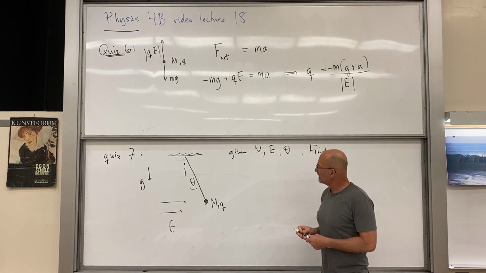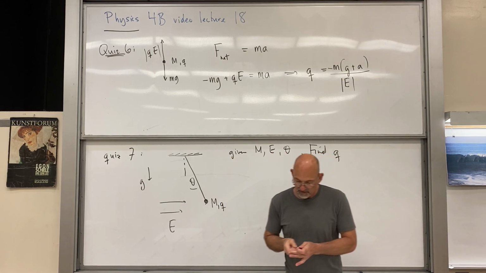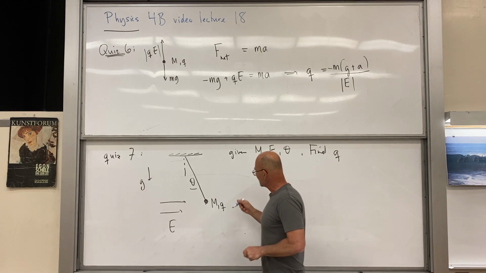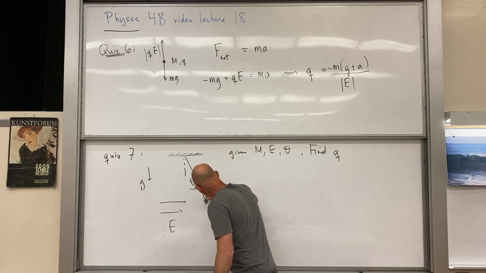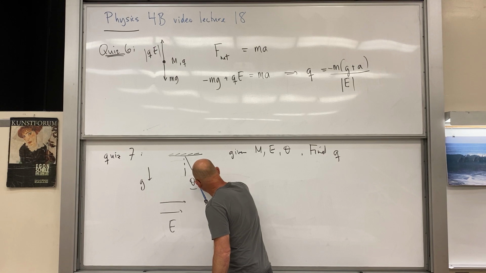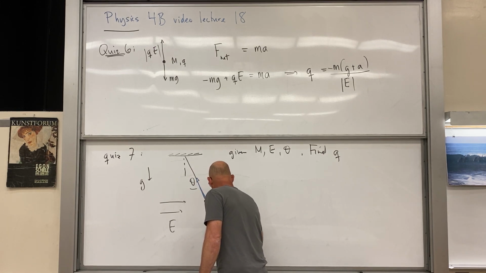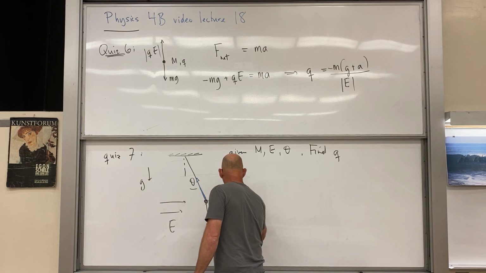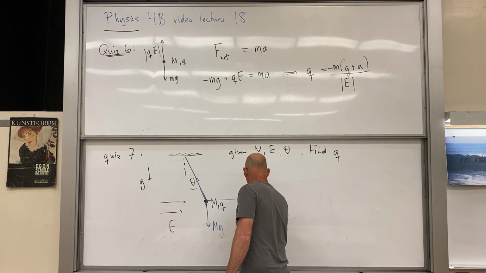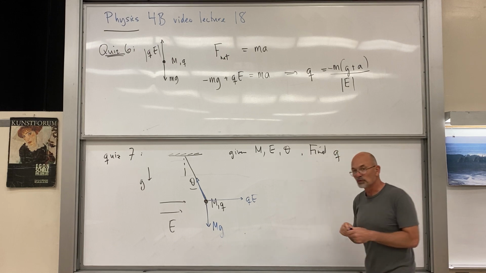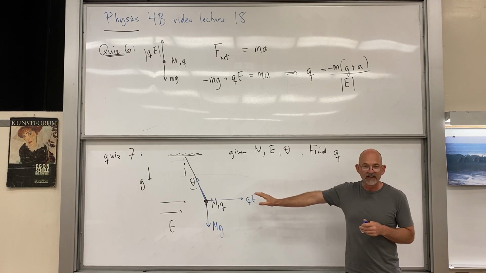So what we're looking to do is to set this up as a mechanics type of problem. I'll draw right here. So the string has a tension, mg down this way and QE in that direction. Those are the 3 forces holding this thing in equilibrium.